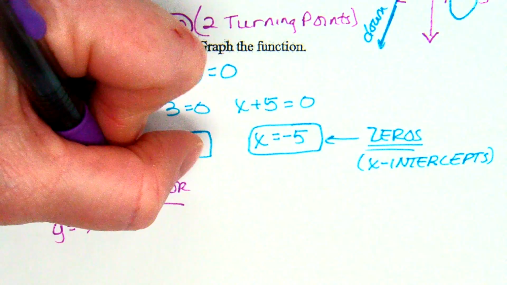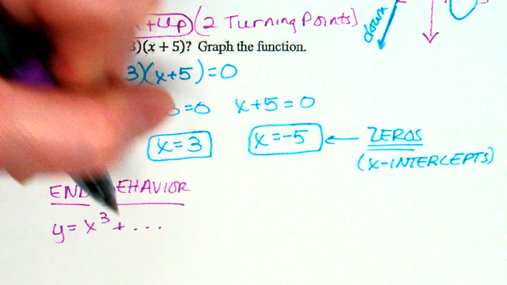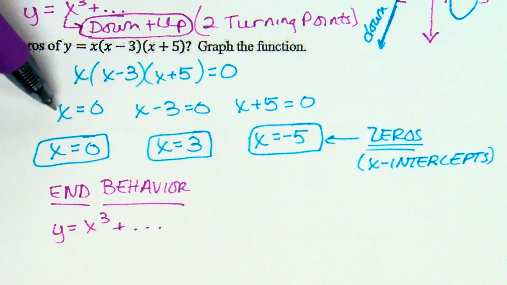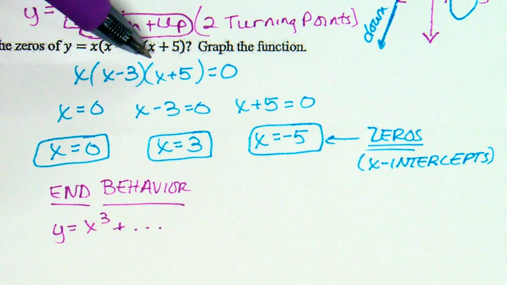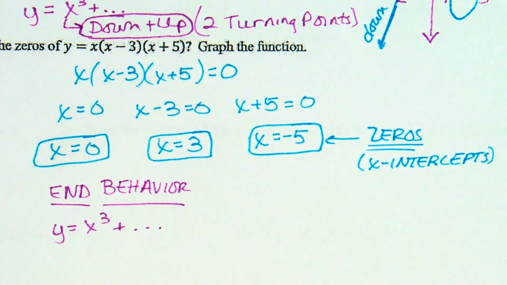How are they all positive? All the x's up front are positive. Right here in the original problem, x times this x times that x. Now, some of your other terms inside, because of the -3, might end up negative, but that doesn't affect it.